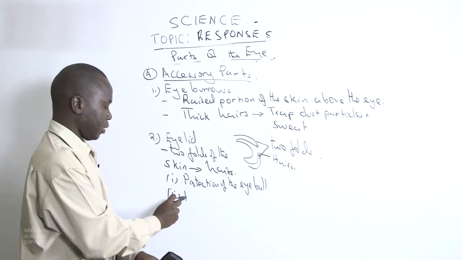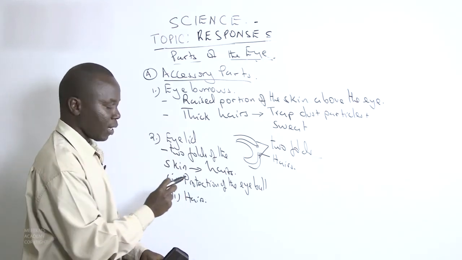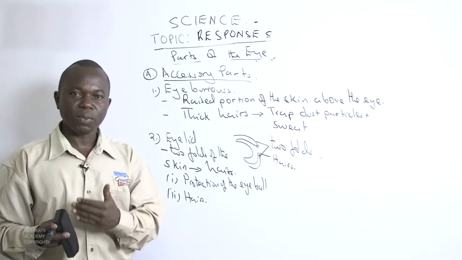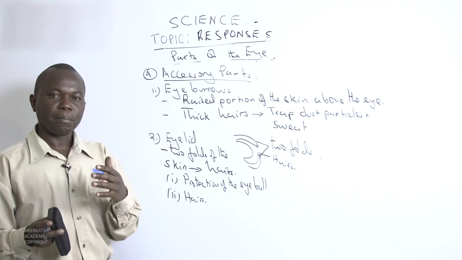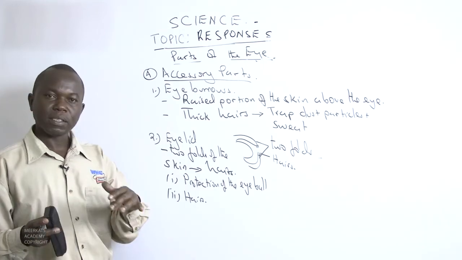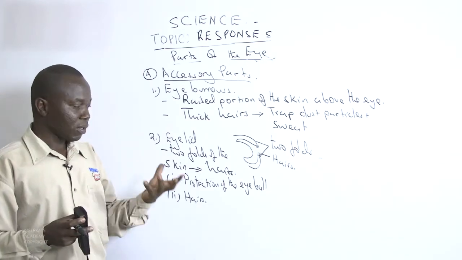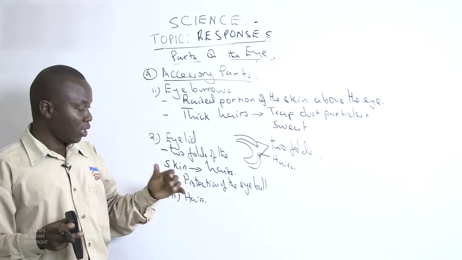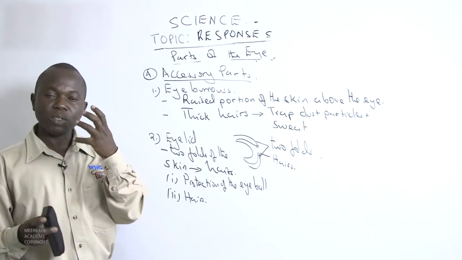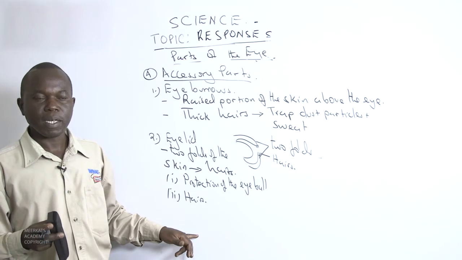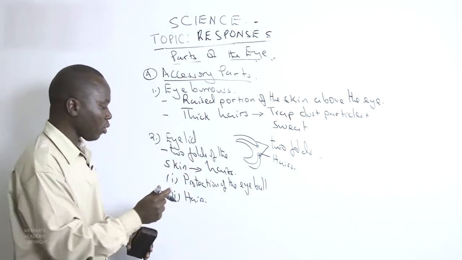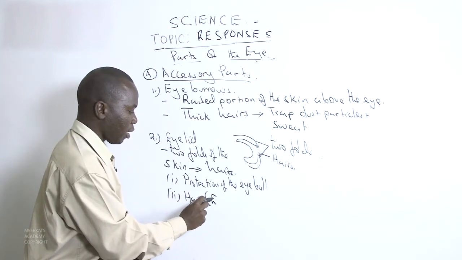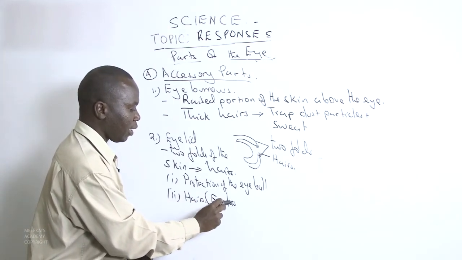And then hairs. Again, if you drive through a very dusty road, or you are riding your bicycle in a dusty environment, you'll realize that before the dust gets into your eye, it will be trapped by the hairs on the eyelid. We call those hairs eyelashes.